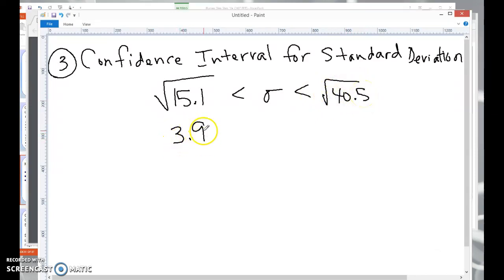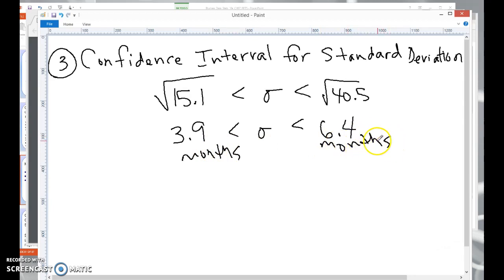Rounding to the nearest tenth gives me an answer of 3 and 9/10 and 6 and 4/10. So we can be 90% confident that the true standard deviation is between 3 and 9/10 months and 6 and 4/10 months.